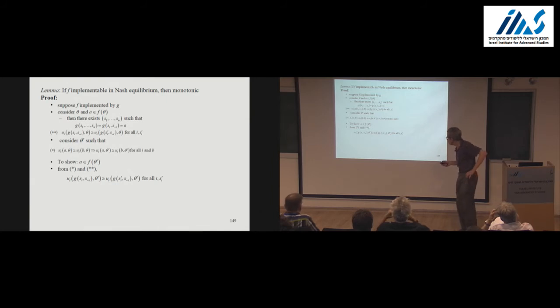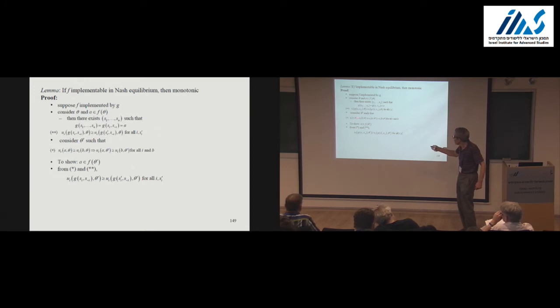How come? Well, suppose that this inequality were violated. Suppose that in state theta prime, person I was better off deviating to SI prime.